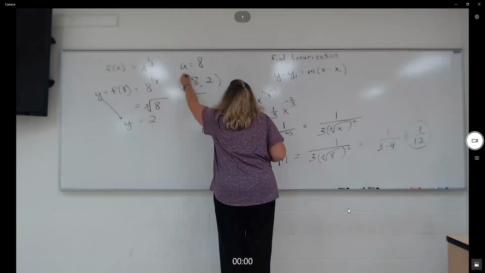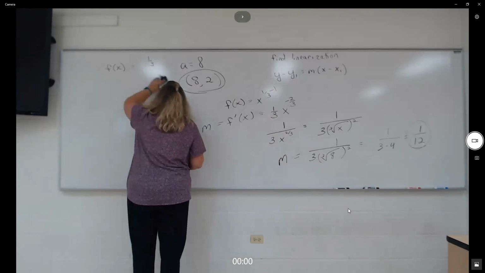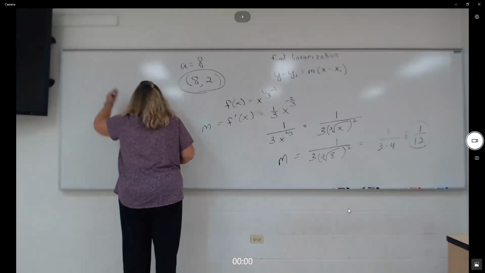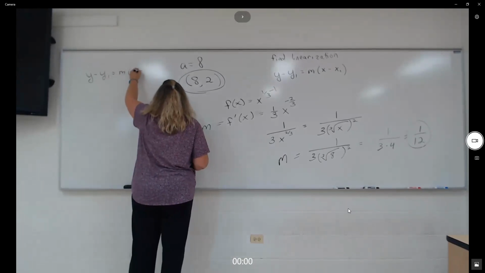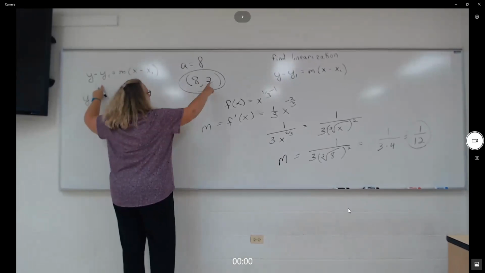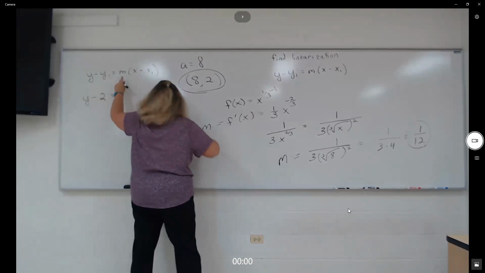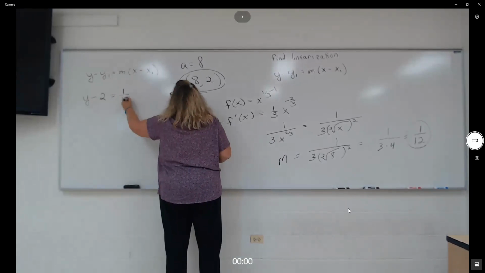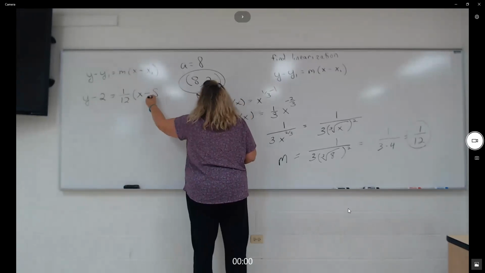I think we can erase everything else. We'll start over here. Almost done. We got y minus y1 equals m(x minus x1). Okay. Y minus y, which is a 2, m, which was the 1/12, and then x minus x1, which is 8.